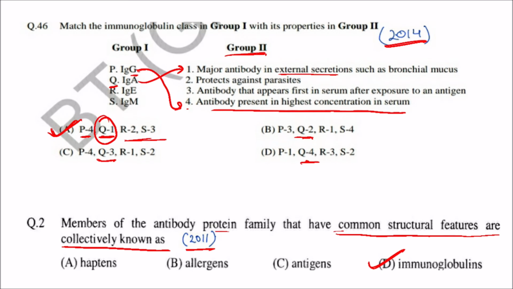These are the immunoglobulins because they have a common structure. All the immunoglobulins have this Y-like structure, that's why they share a common structural feature. Although antigens have different shapes or structures, and allergens and haptens also, we haven't read about these three things yet. So it is immunoglobulin that shares the common structural features.